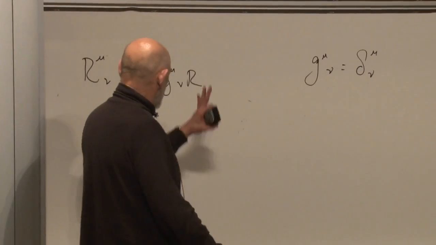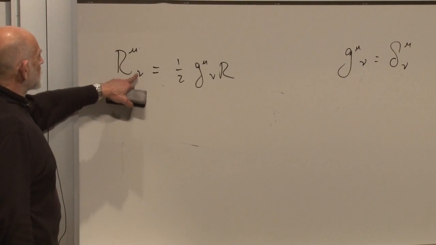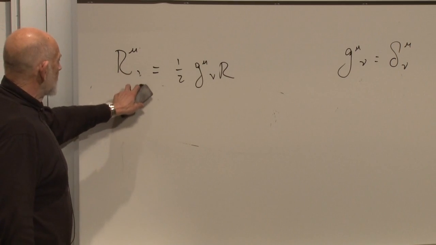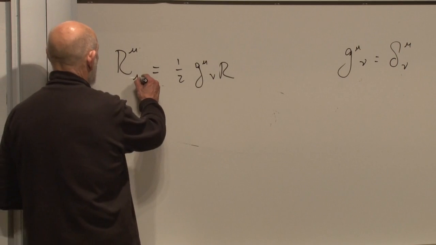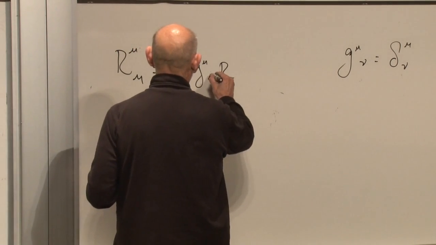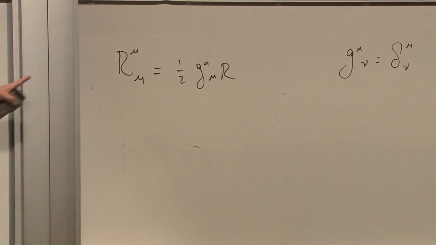Well, let's just remind ourselves of this. All right, so let's now contract mu with nu. That means set mu equal to nu and sum. What do I get on the left-hand side?